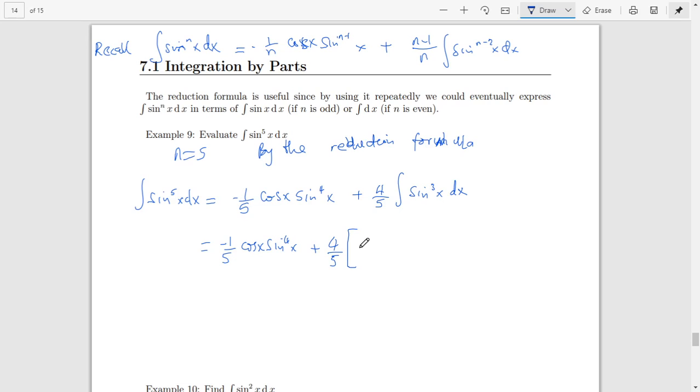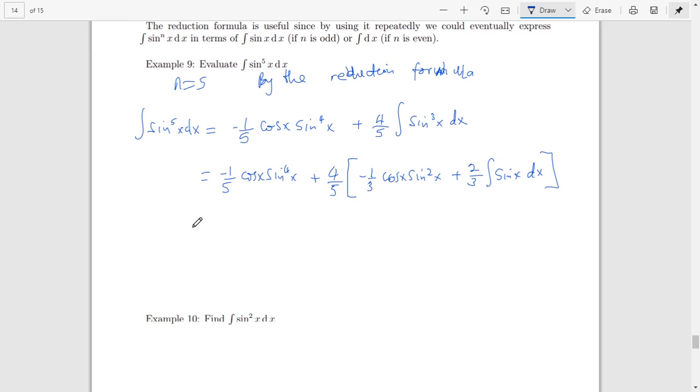If I apply it again here, I'm going to have minus 1 over 3 cosine of x sine of n minus 1, which is 3 minus 1, so that's going to be 2x, plus n minus 1 over n, which is 2 over 3, integral of sine of n minus 2. 3 minus 2 is 1, so I'm just going to have sine x dx.